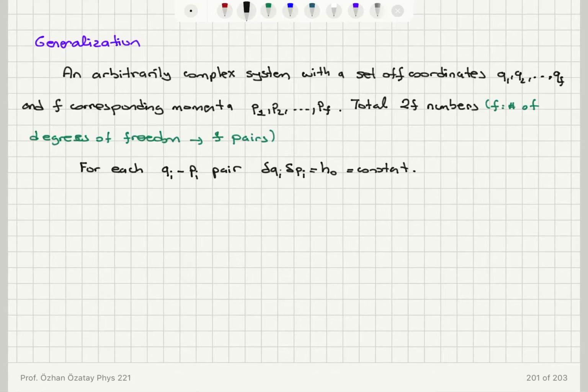So if I give you these values, Q1, Q2, QF, P1, P2, PF, this is going to specify the state of the system.